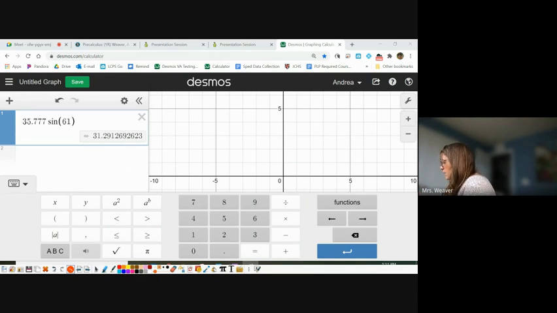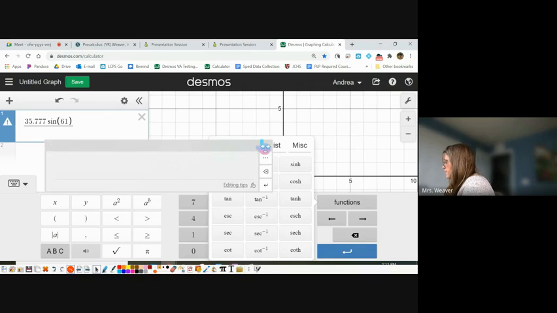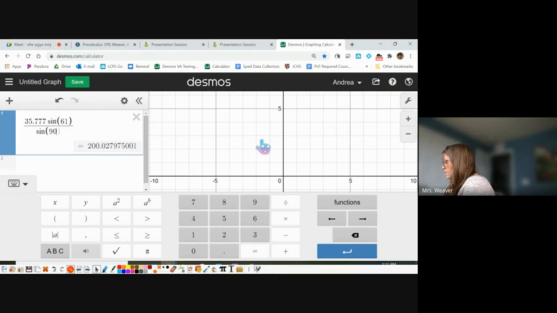I just wanted to show everybody that if I go ahead and do divided by sine of 90, I still get 31.291. Okay, so let's try it.